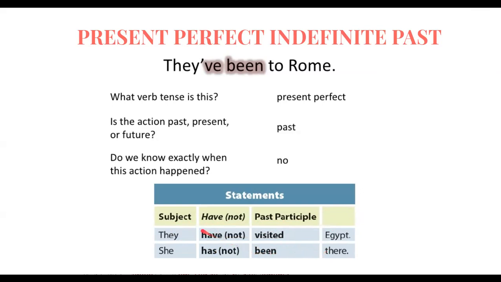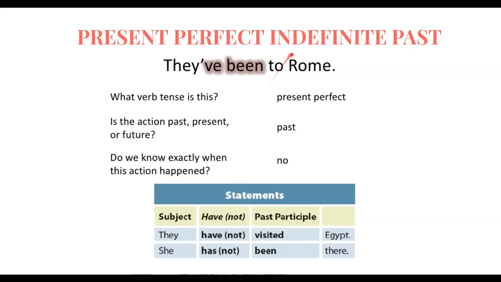But if we are saying they have not visited Egypt, do we know when this action happened? We know that that action didn't happen yet. Exactly, yes. So of course, we can make negative sentences. Yes, we can.